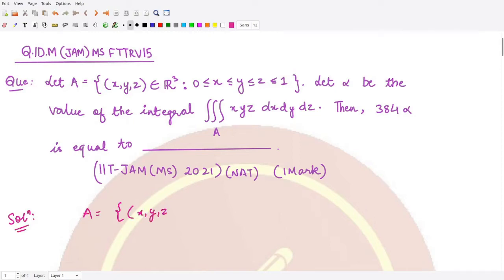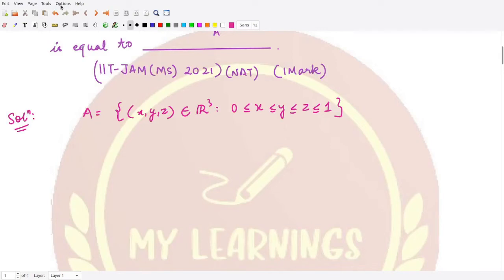We are given some point in R cube such that this point lies in the region 0 less than equal to x, less than equal to y, less than equal to z, and this is all less than equal to 1. So if you visualize this region, let's draw our coordinate axes. Say this is the x-axis, this is the y-axis, and this is the z-axis, and this point is your origin.